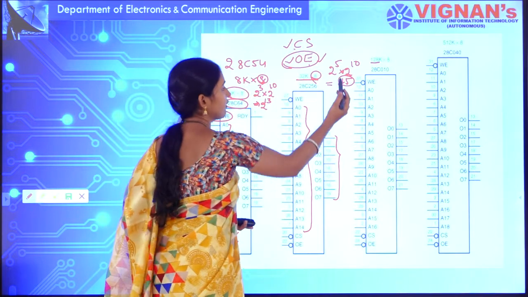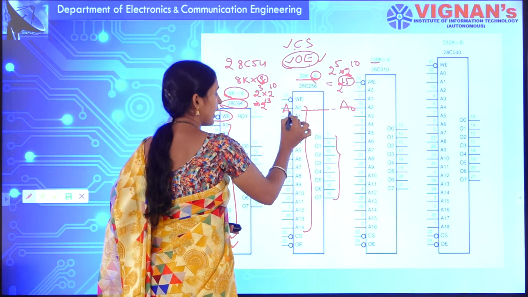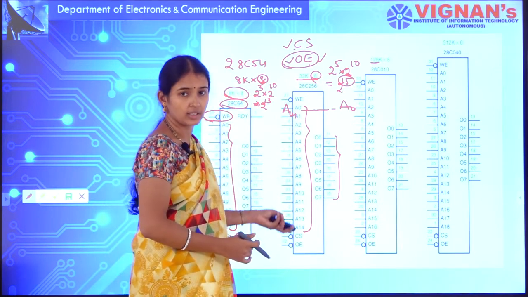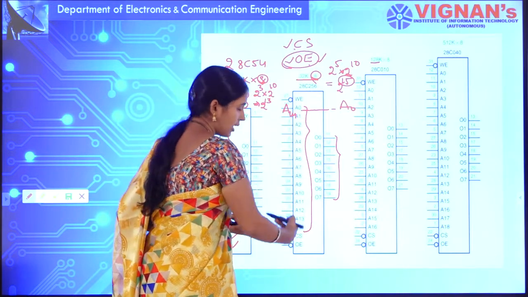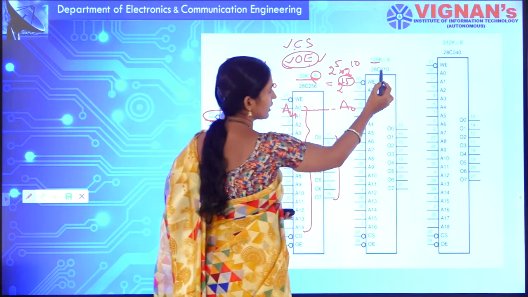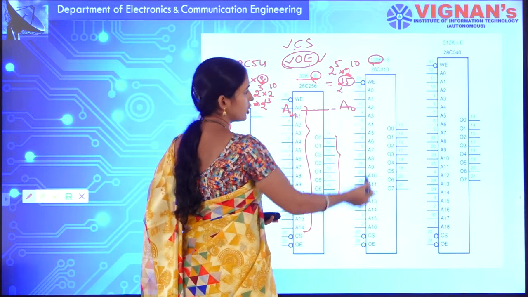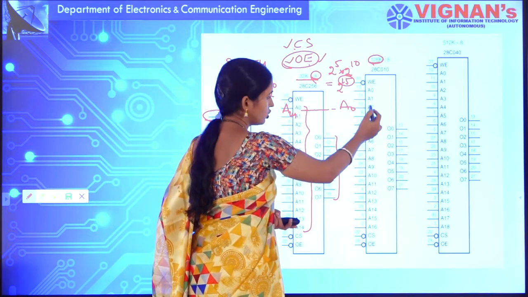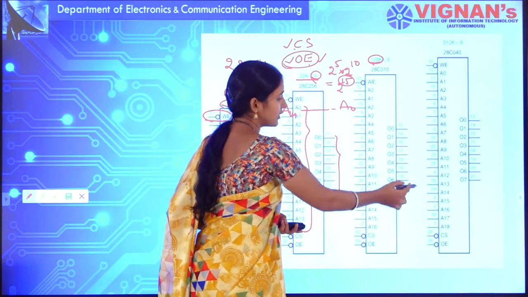How many possible combinations will you get? With 15 address lines, 2 power 15 address space is available. And 128 kilobytes is 2 power 8 into 2 power 10, so you get that many address lines.